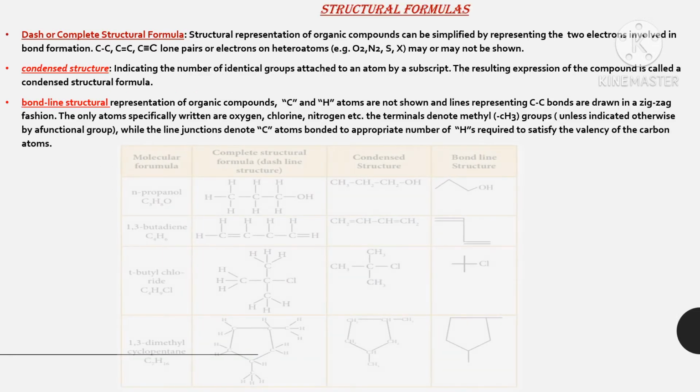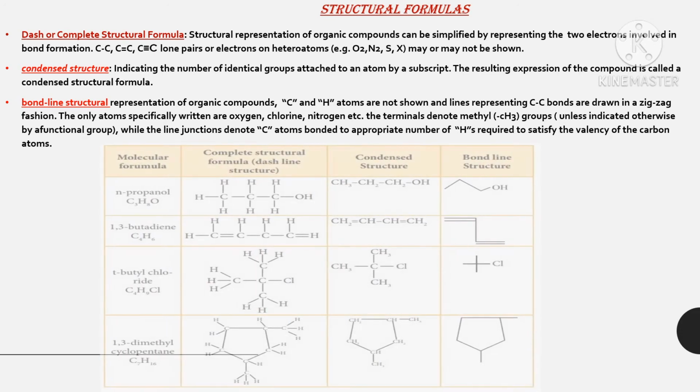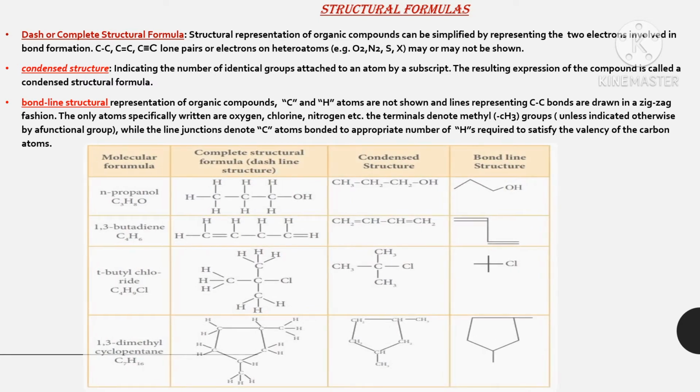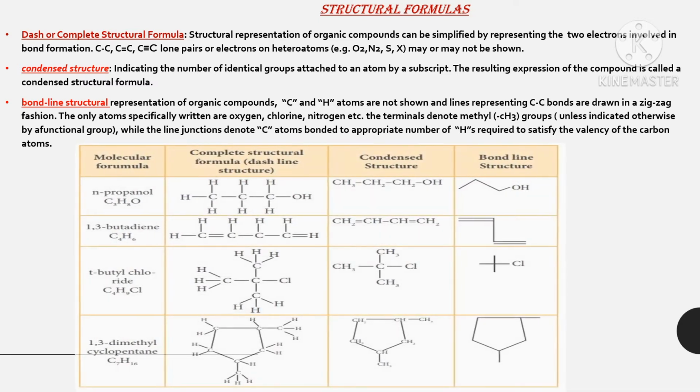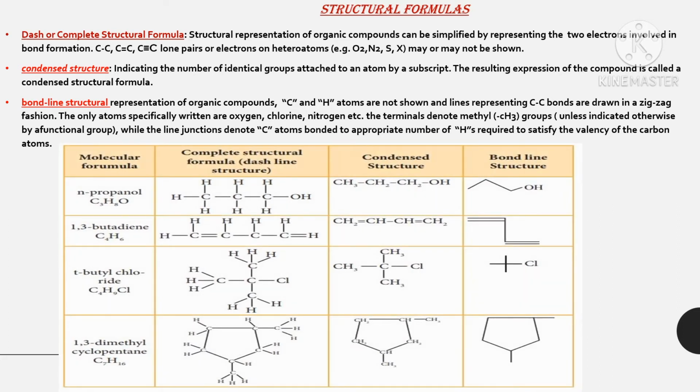Some important structural formulas are the dash or complete structural formula, the condensed structural formula, and the bond line structural formula. So these look alike. Here the first one is the complete structural formula, meaning each and every atom is mentioned separately, and if there is a single dash between two atoms, that is a single bond.